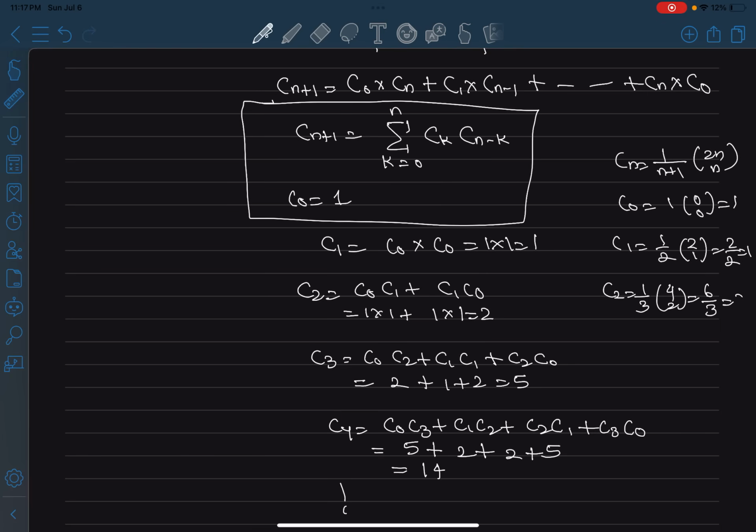And c sub 3 is 1 over 4, 6 choose 3, which is 20 over 4, which is 5. Okay, so all these are verified.